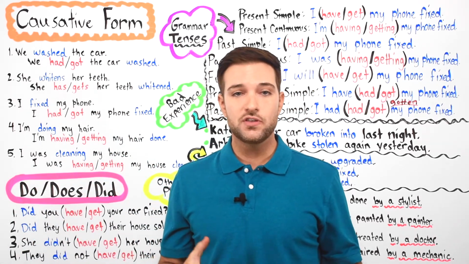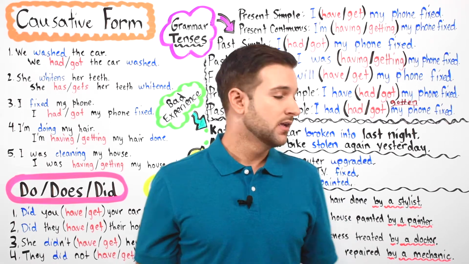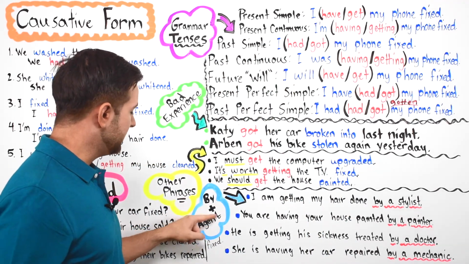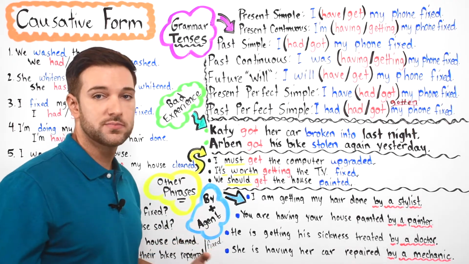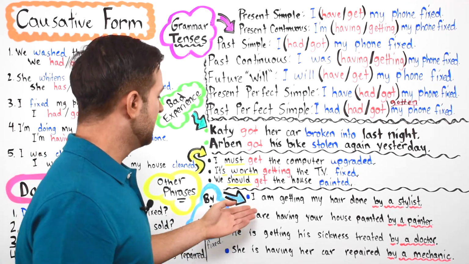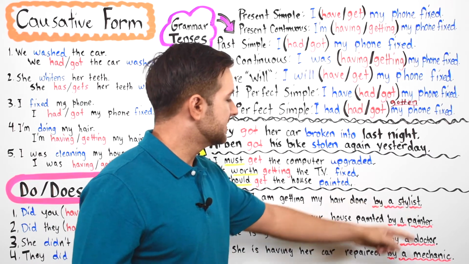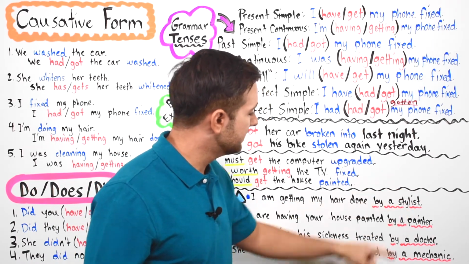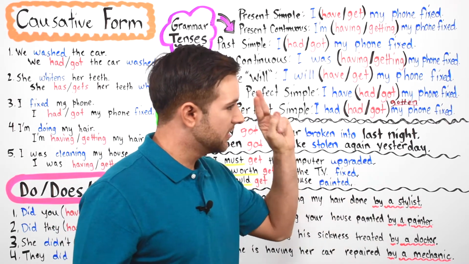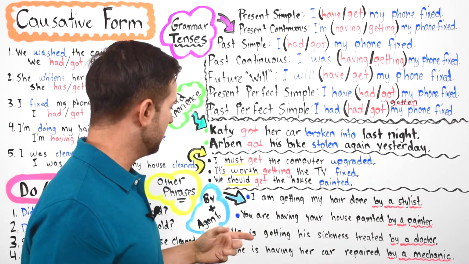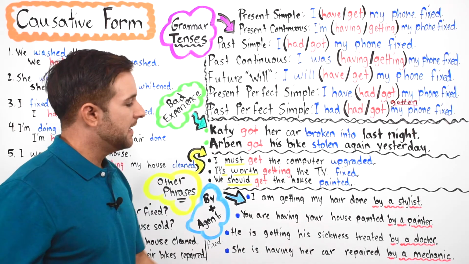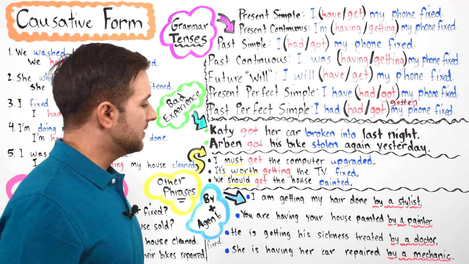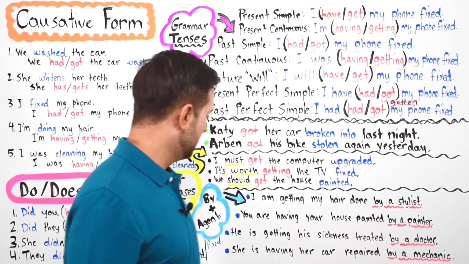And finally, guys, if you want to say who performs the action, we could do this by using the word by plus an agent. An agent is the person who performs the action. Okay, for example, I'm getting my hair done by a stylist. By plus the agent. The agent is a stylist. A stylist is somebody who cuts the hair or dyes the hair. You are having your house painted by a painter. He is getting his sickness treated by a doctor.